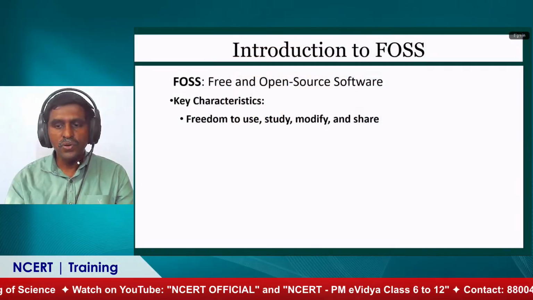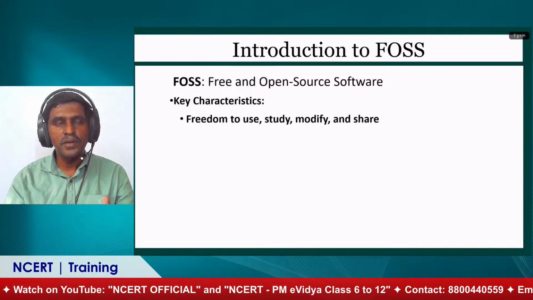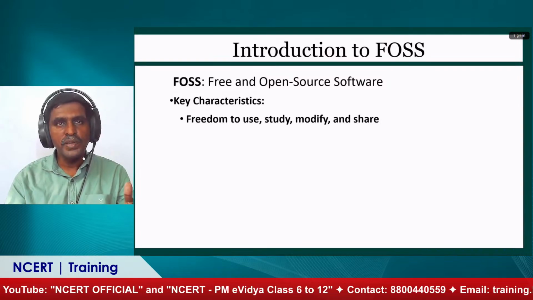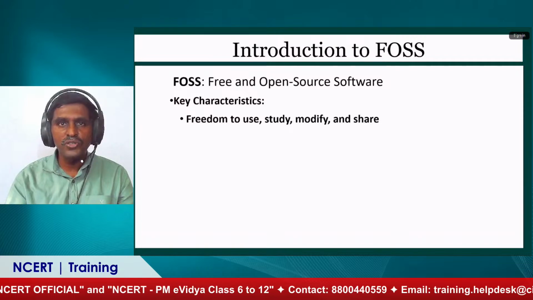The key characteristics of FOSS is freedom to use, study, modify and share. Some proprietary software, we have to purchase and we can't modify that. If you take a proprietary operating system, we cannot change it.